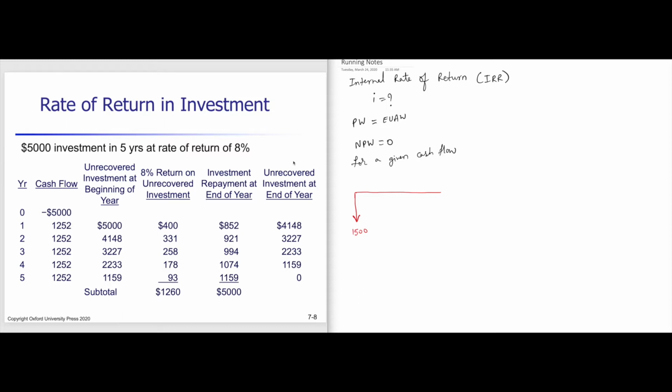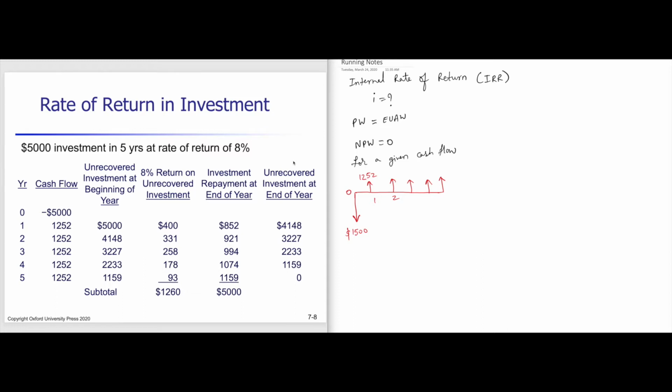Because we borrowed $1,500, how do we pay? This is at the end of the 0th year. At the end of the first year, we're paying 1252. Second year, we're paying 1252. Third year, fourth year, and fifth year. That's what we're trying to do.